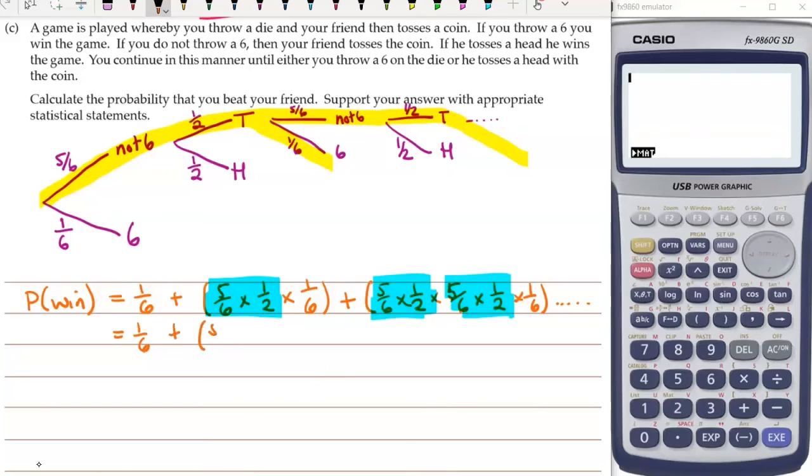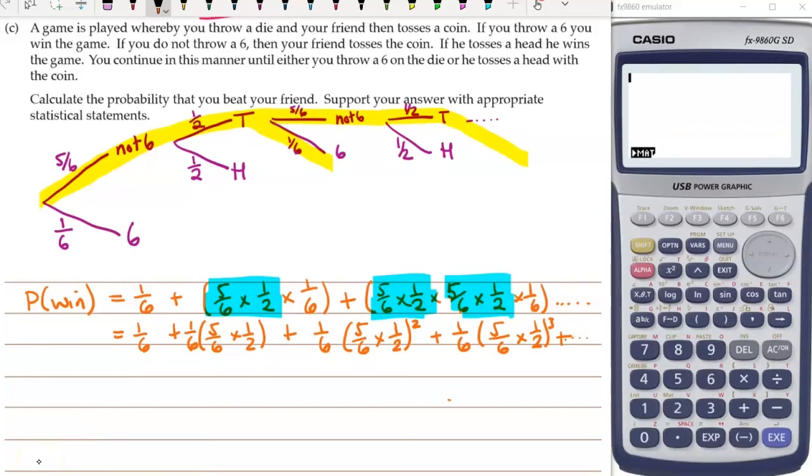So this will be 1/6, then 5/6 times a half times 1/6. The next one will be 5/6 times a half squared, and then times 1/6. Then we've got 5/6 times a half cubed times 1/6, and so on.